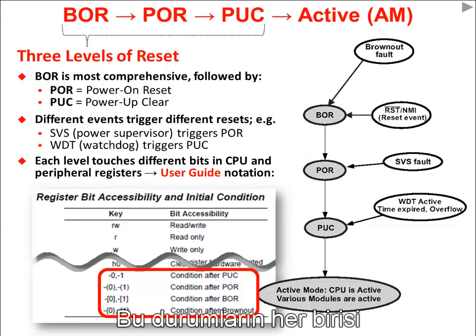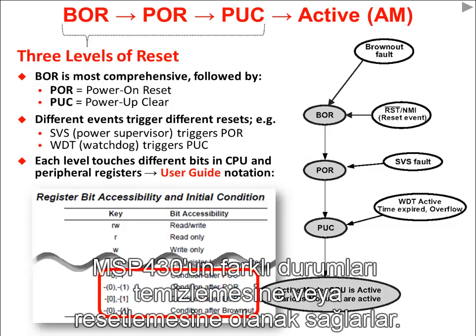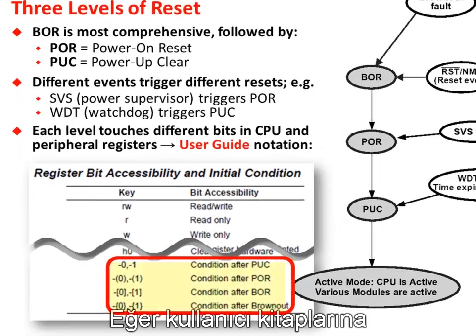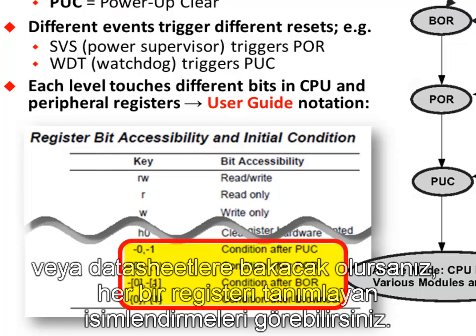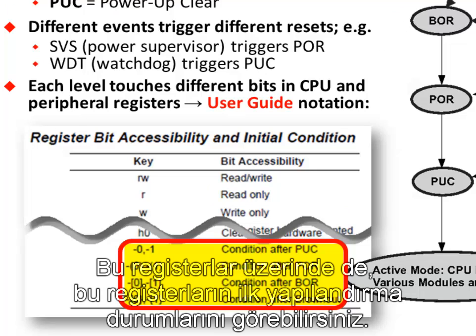Each of these states allows the msp430 to clear or reset different conditions or different elements within the msp430. If you go look at the user's guide and or the data sheet, you can see the nomenclature when they describe each register. Under the register, they'll describe what the initial conditions of that register are.